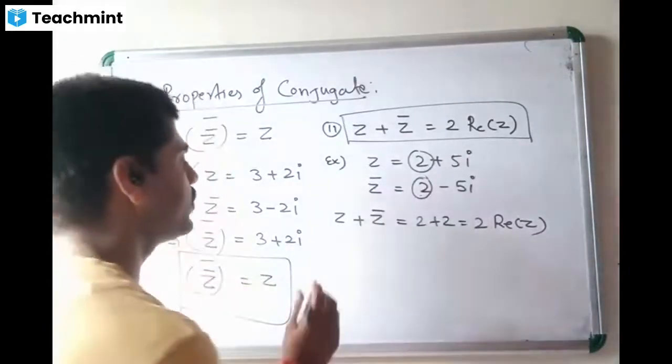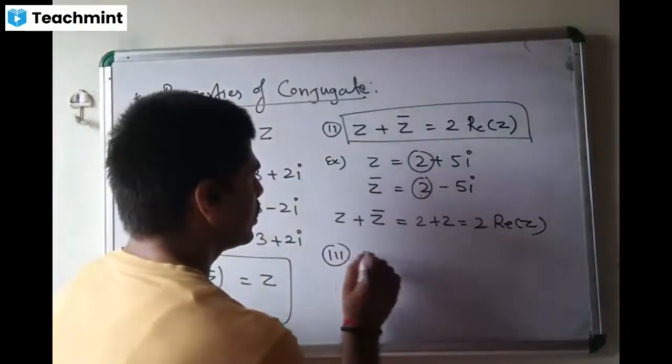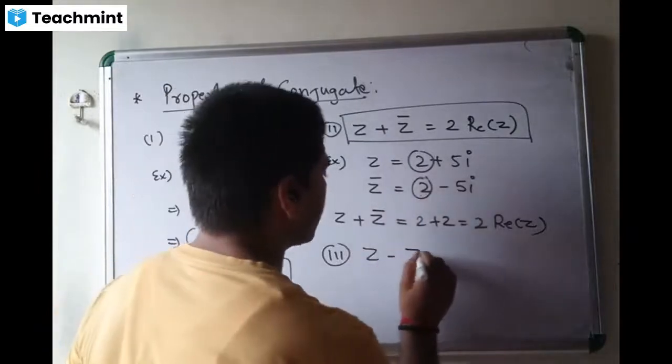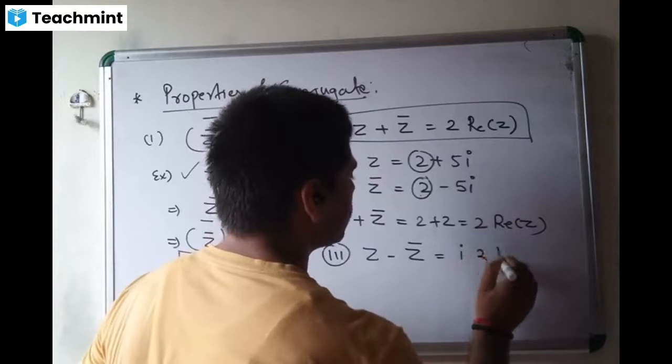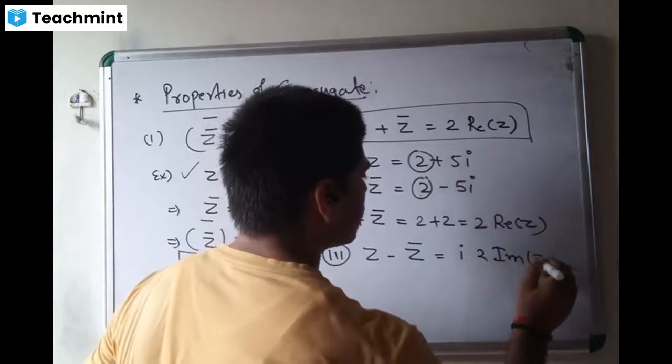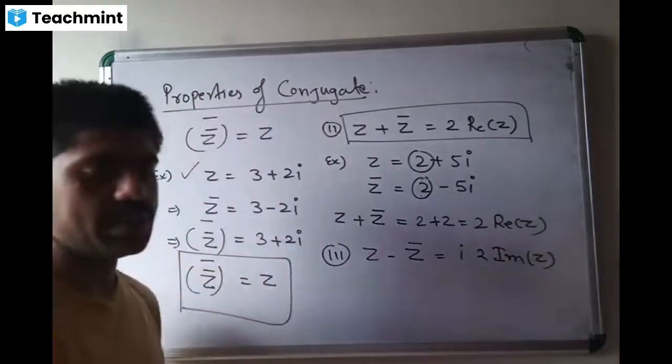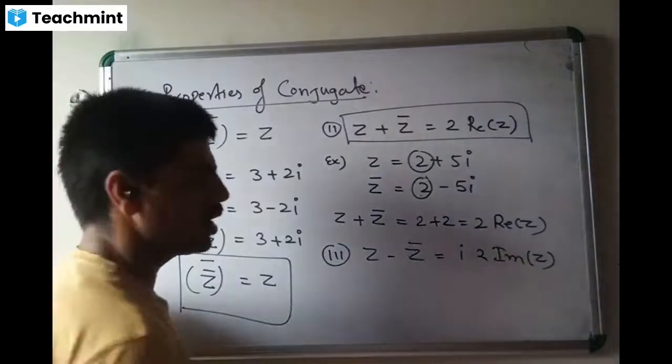Similarly, you will find that z minus z bar is equal to 2i into the imaginary part.